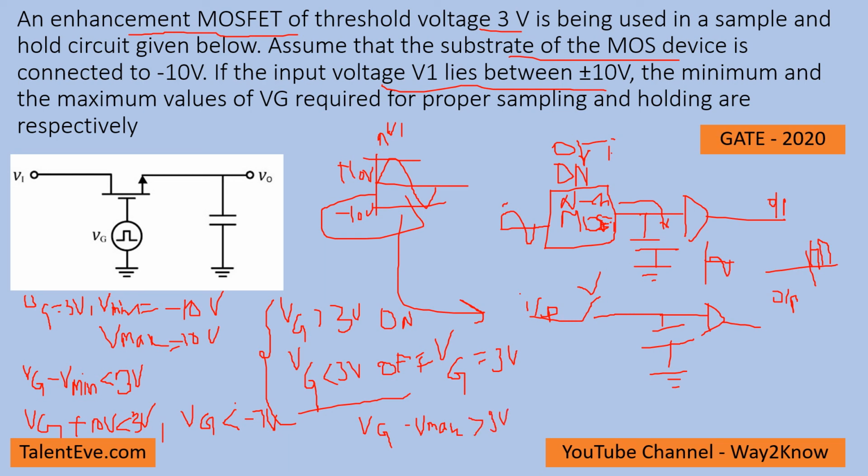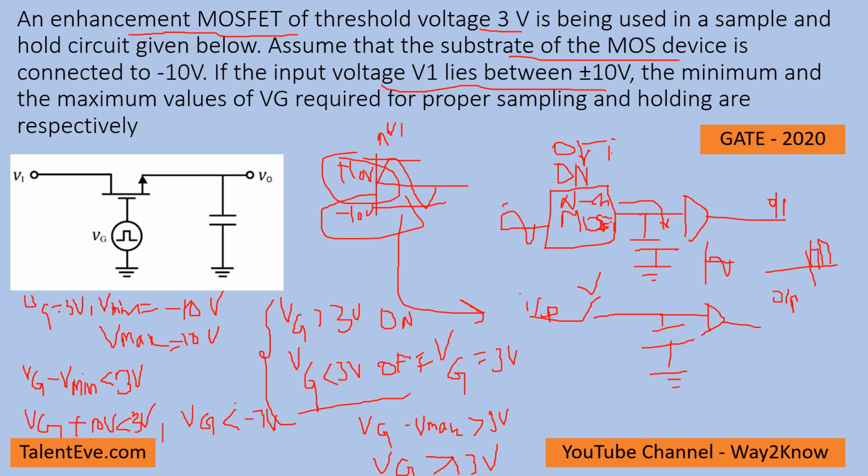That means Vg minus 10, since Vmax is 10 volts here, so Vg must be greater than 13 volts for this MOSFET to work in the sampling condition. So that's the maximum voltage. So the minimum voltage is minus 7 and the maximum is 13 volts.